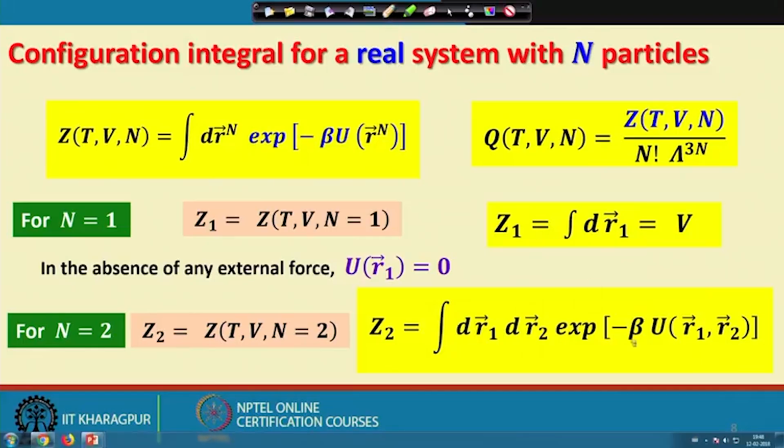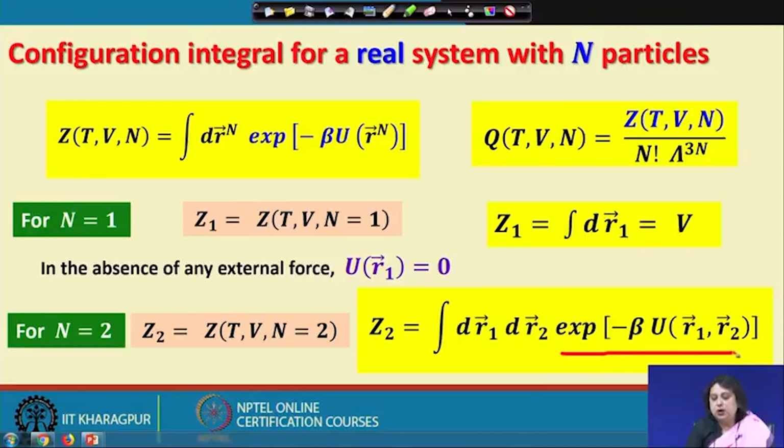Let us say that these two particles are present at position coordinates r1 and r2 in three-dimensional space. Then Z2 is defined as the integral of e to the power of minus beta U(r1, r2), where U(r1, r2) is the total potential energy of these two particles, integrated over the entire configuration space.